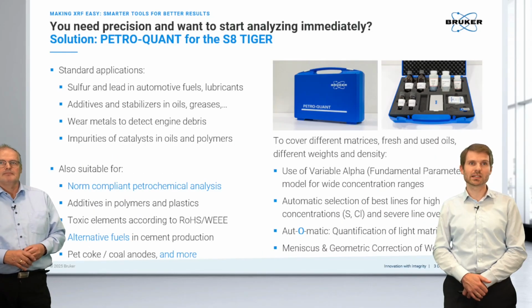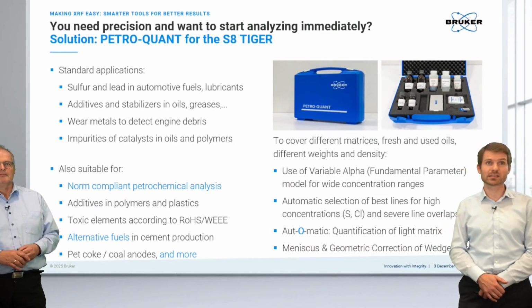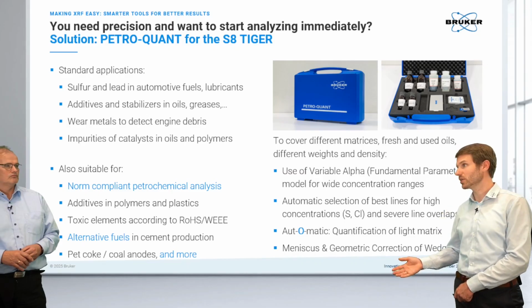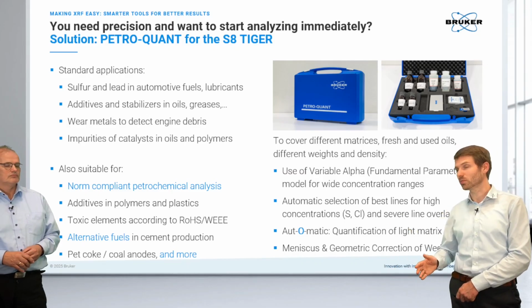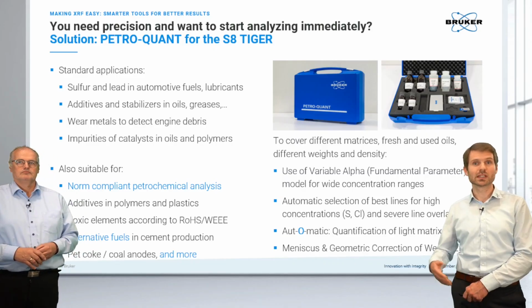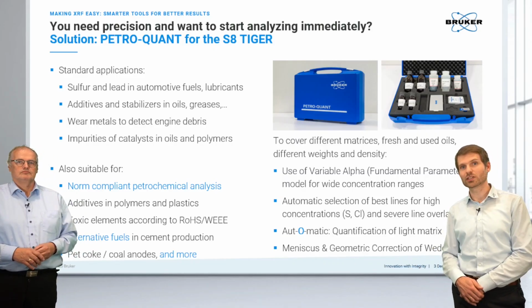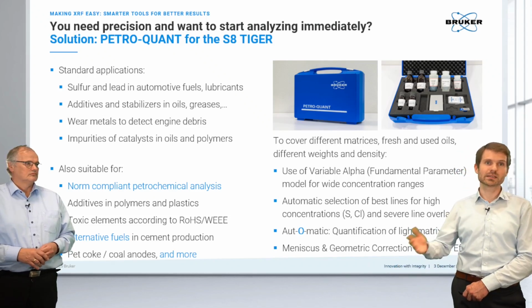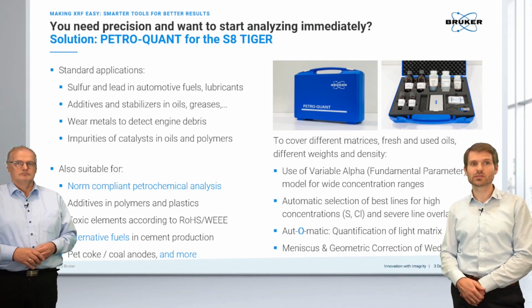And this makes it essentially so flexible. So we can cover not only the typical petrochemical materials and analyze norm compliant, but we can also cover all sorts of, let's call it, CHNO, so organic kind of materials. So it could be also plastic, polymers, waste, alternative fuel.